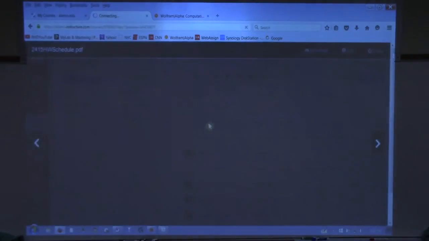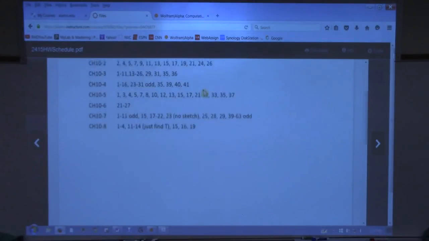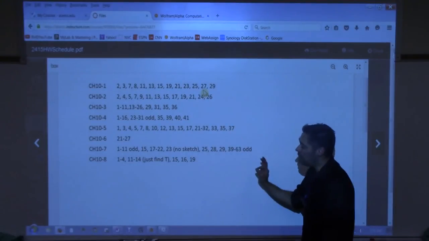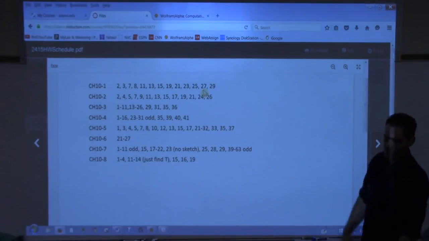The only issue with this is that I have not completed the entire semester's worth of homework. This is Chapter 10's homework problems. I believe Chapters 11 and on, the homework assignments are in the notes. So when we get to the end of the notes in class, they're there. But this is enough to get you started, all right?